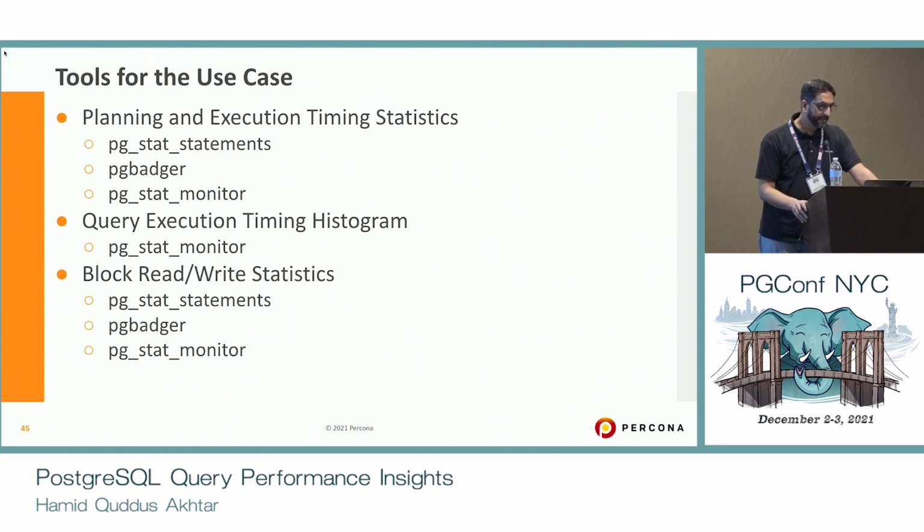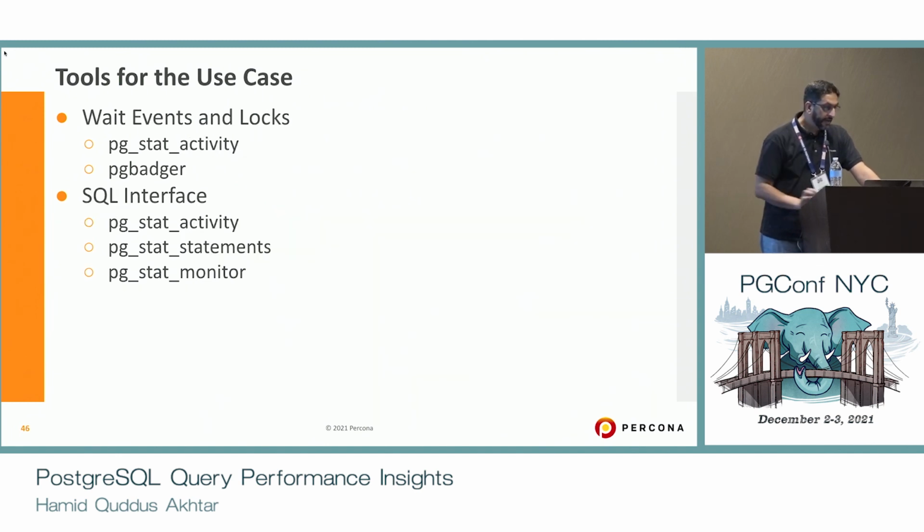Planning and execution timing statistics, you can see from stat statements, Badger, and monitor. Query execution timing histogram, that's stat monitor only. Blocks read or written: stat statements, Badger, and monitor. Wait events and logs: stat activity and Badger. And SQL interface: stat activity, statements, and monitor. So you can see that stat monitor occurs very frequently.